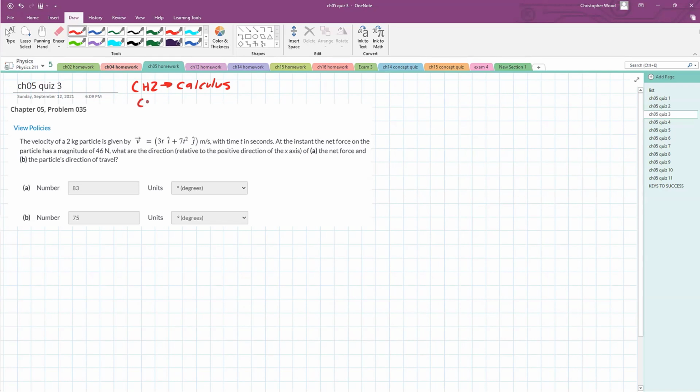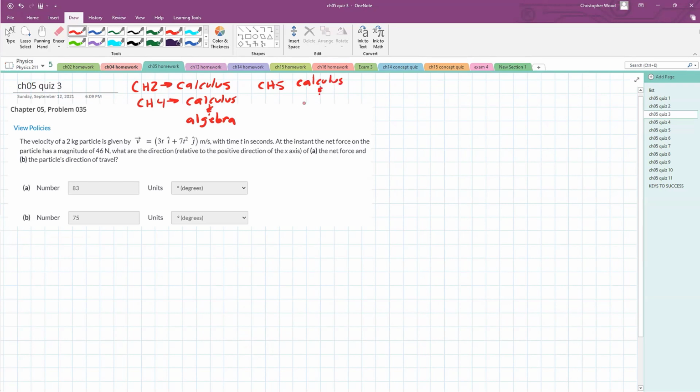So chapter 4 was really not much calculus at all. Chapter 4 was mostly, well, it was calculus and algebra. And a lot of you are finding, and this is true for me too, that the calculus isn't so bad. It's the algebra that's the killer. And then chapter 5 from a math perspective is mostly algebra, but again, it's calculus and algebra. So there are some chapters that have very little calculus.